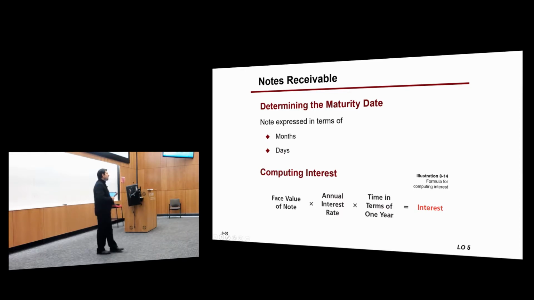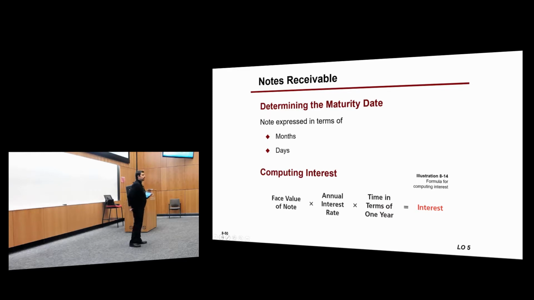There are different ways of indicating the maturity date. Sometimes there is a certain specific date. So it would be as if you're saying, I promise to pay you back on December 20th, $1,000. That's a specific date.